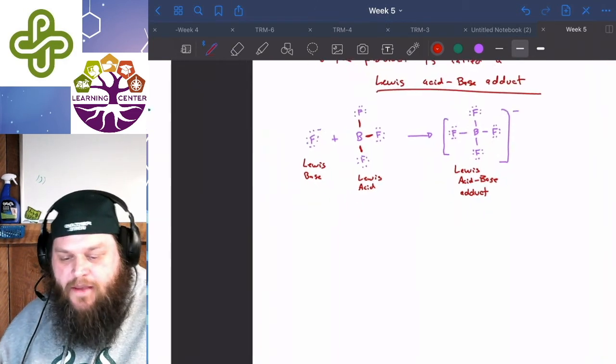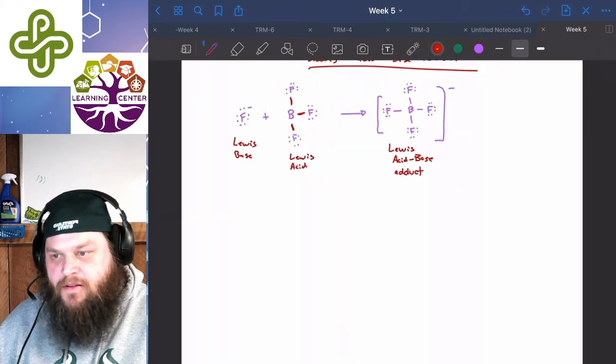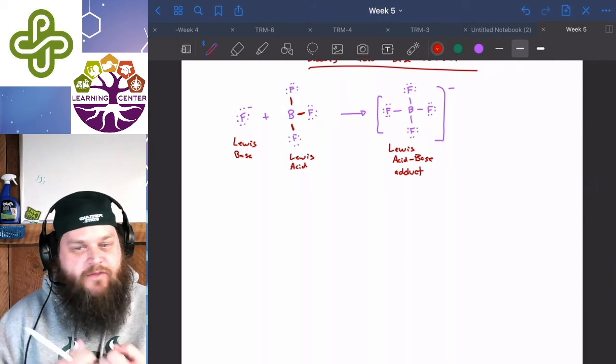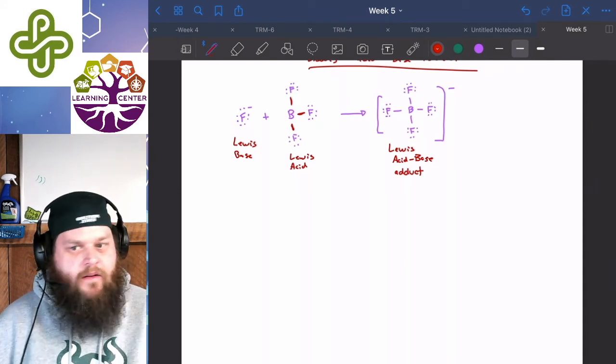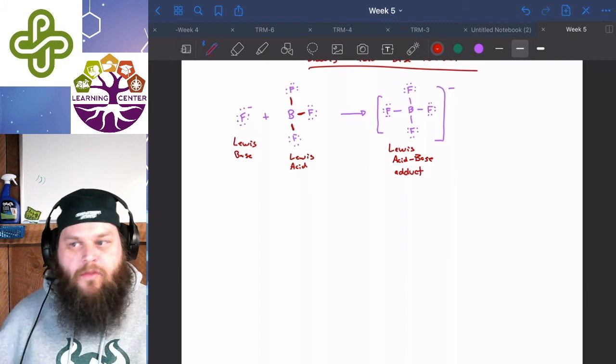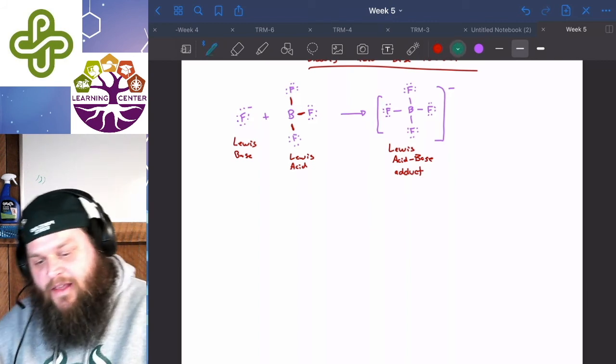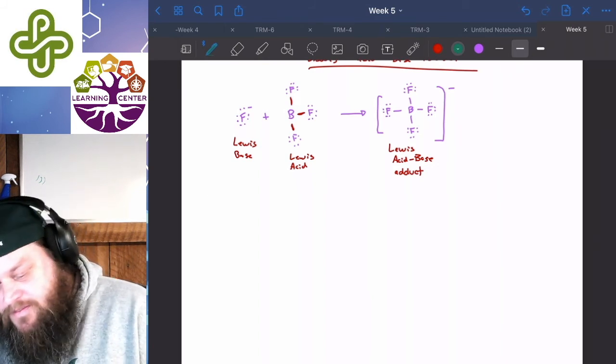The same sort of process happens as well when you form complex ions comprising of a central atom, usually a metal ion of sorts, surrounded by multiple different ions or molecules. We call them ligands.